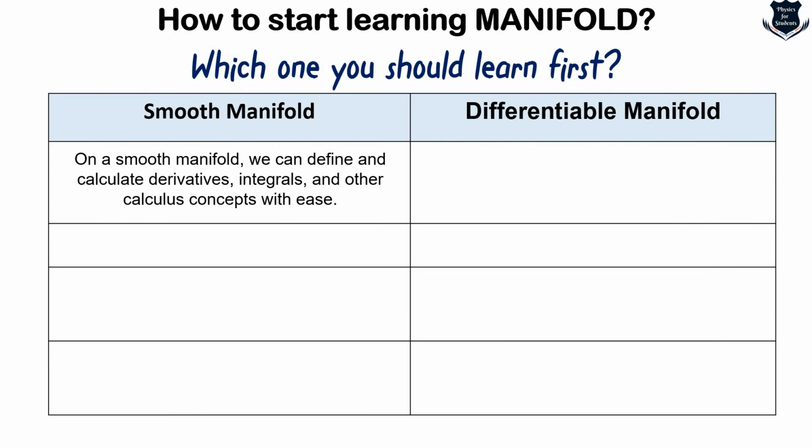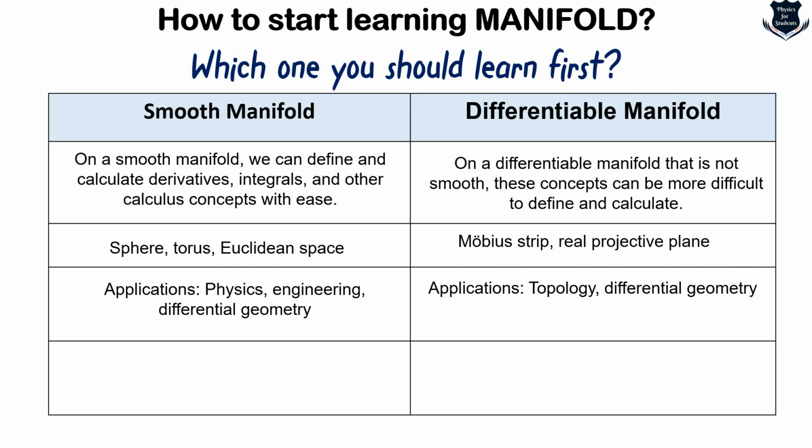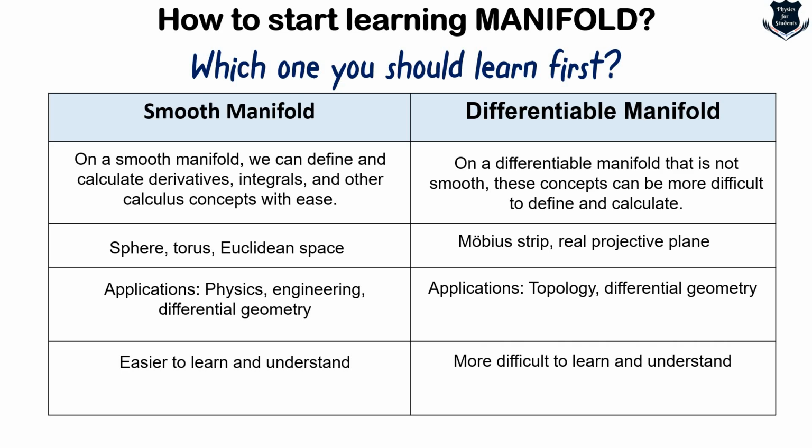So which one to start with first? I will show you certain points and you will get the answer yourself. On a smooth manifold, we can define and calculate derivatives. On a differential manifold, it is not so. These concepts can become very difficult. Smooth manifolds are like the sphere, torus, Euclidean space. Differential manifolds are the Mobius strip, real projective plane, etc. Application is mostly in physics and engineering for smooth manifolds, and in topology and differential geometry for differential manifolds.